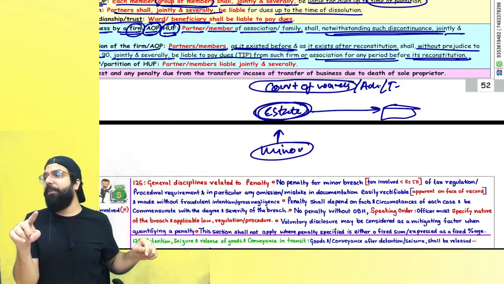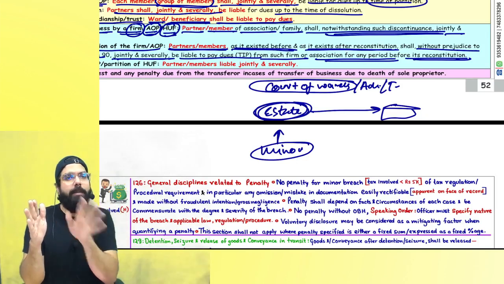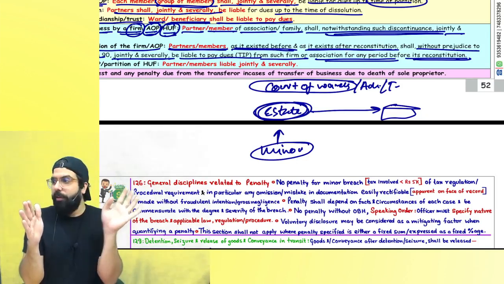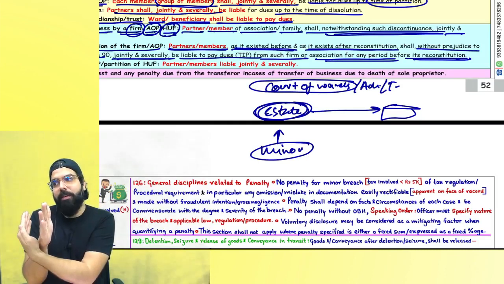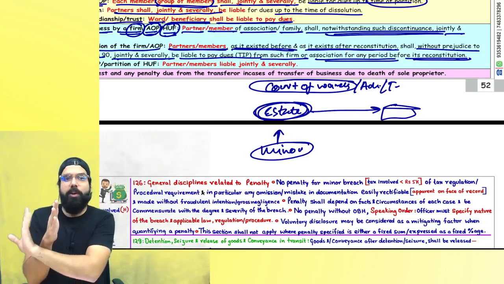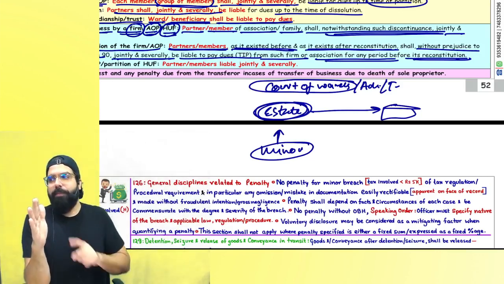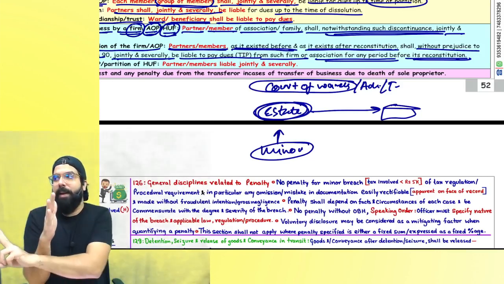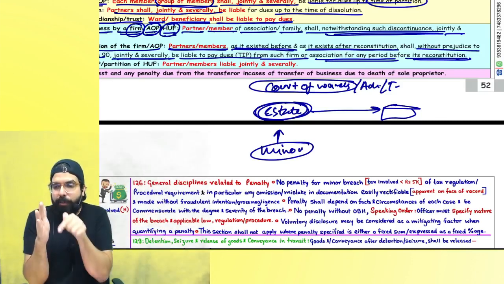It's like transfer of business. Transferor and transferee are liable for the old dues. The transferee was a new person, but for new things only the new people are liable. The transferee is liable. In the same way, here the partnership firm is there. 2 partners were there. It became 3. For all the dues till here, this partner should have done due diligence before coming inside the firm.